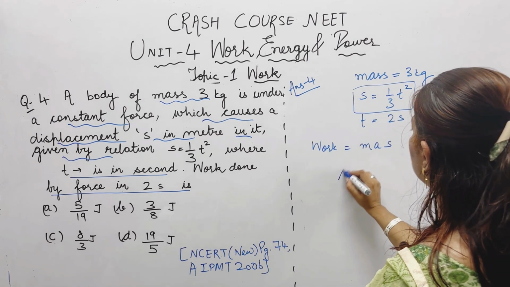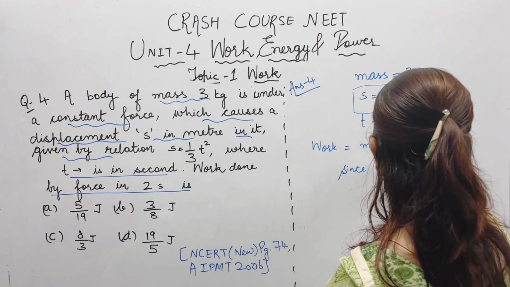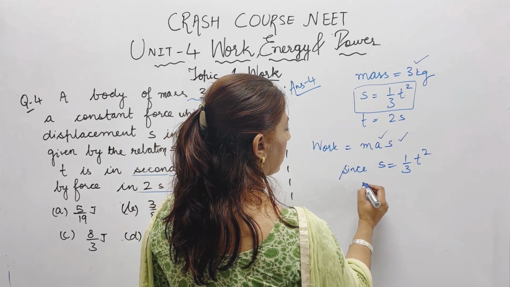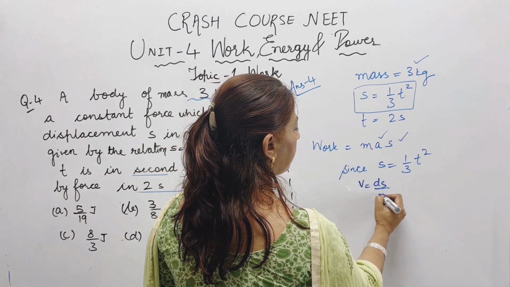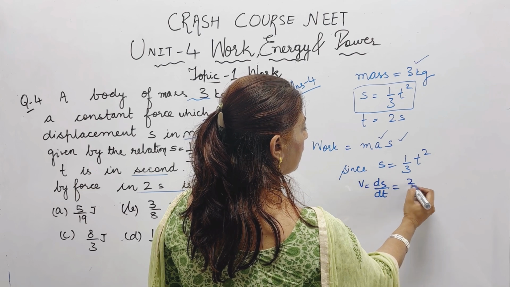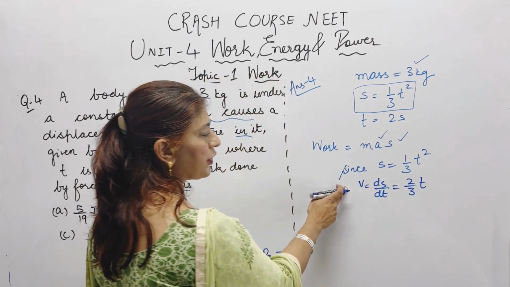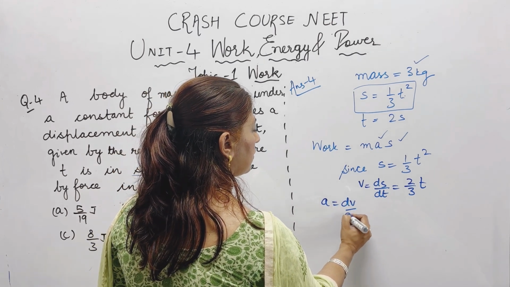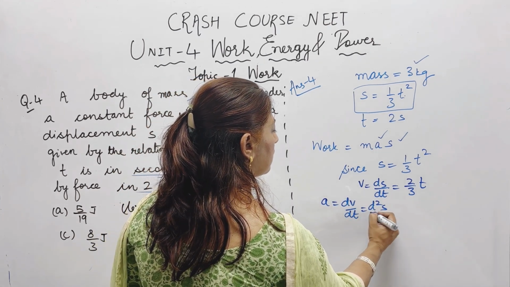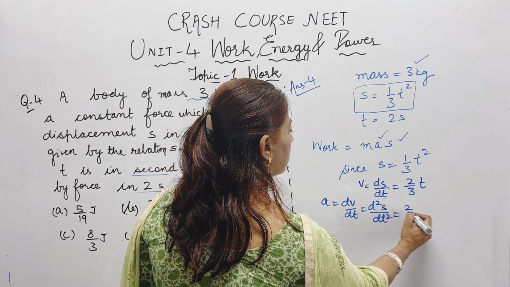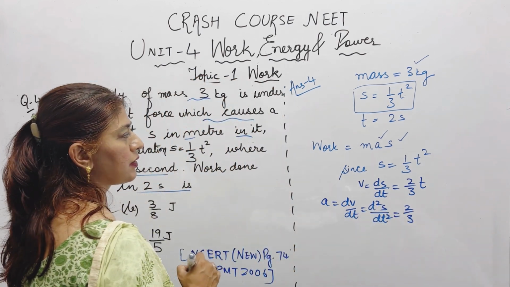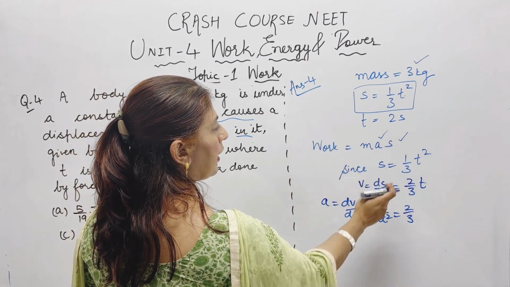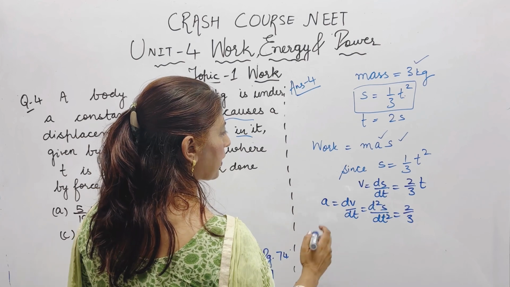Since s is equal to half 3t square, now differentiating this with respect to time, we will get the velocity. Again differentiating this with time, we will get the acceleration. So we got the acceleration, mass is being given to us, and s is also here, where the time we will be taking 2 seconds.